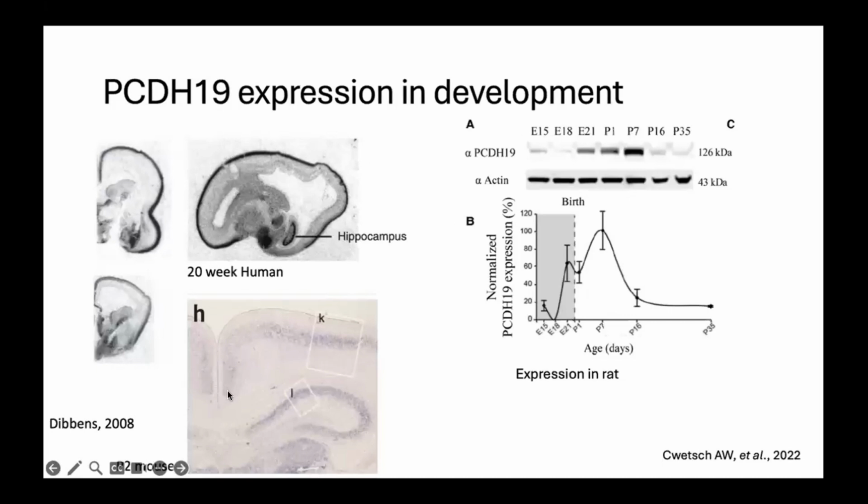Then this is a P2 mouse, a second day of life mouse, and there, as Dr. Umemori had mentioned, there is expression in the cortex and also in the hippocampus. This expression seems to peak pretty early after the birth of a mouse, around P7, and then slowly decreases after that. But this age in mouse development is really important for interneuron migration and for cell development in general.